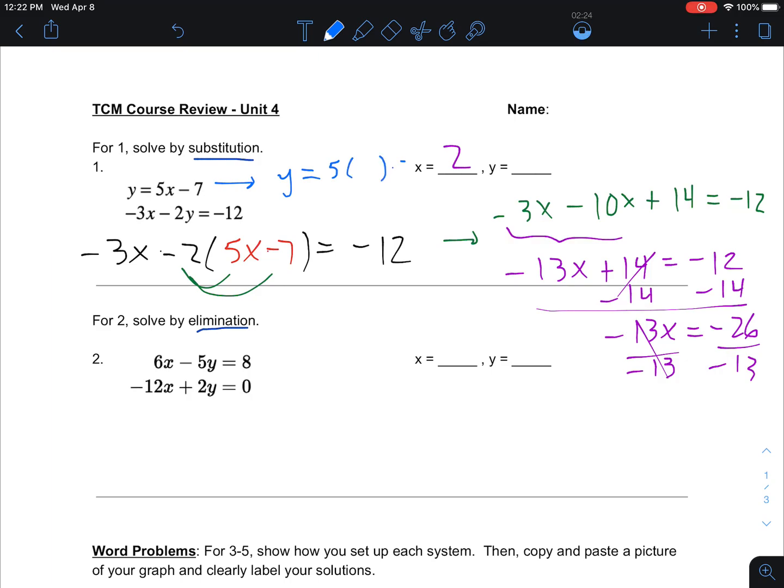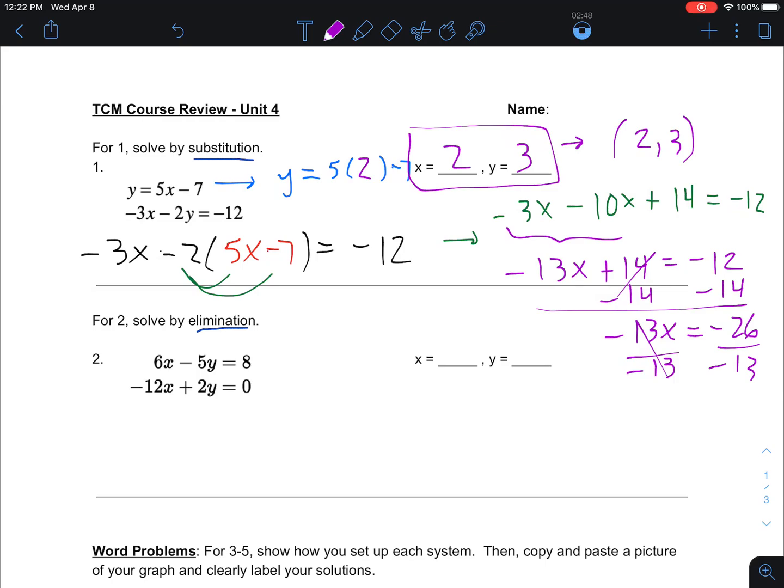And by substituting in that value of 2, we are going to end up with 10 minus 7, or 3 for y. All right, so your final answer would be x is 2 and y is 3. And sometimes that answer is given as an ordered pair 2, 3. It depends on what you're asked to find or the context of the question. But this would be okay for us.